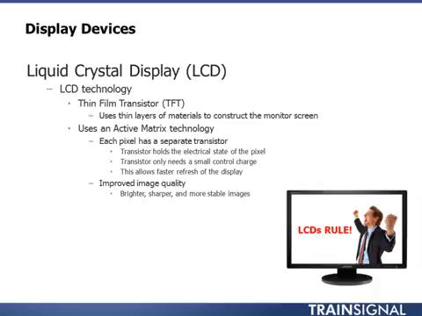We now have something called active matrix technology, where each pixel has a separate transistor. The transistor holds the electrical state of the pixel. It only needs a small control charge, which allows for a faster refresh of the display. And in the end, you end up with an improved image quality: brighter, sharper, and more stable.